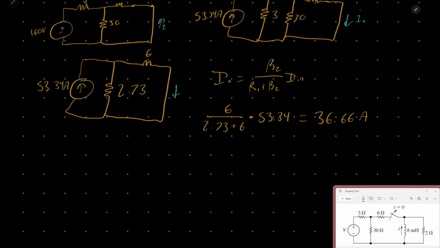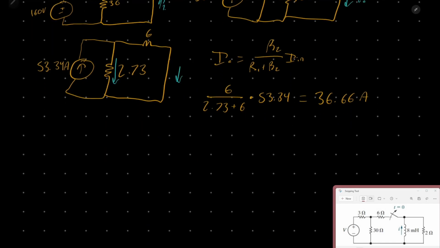So this gives us the current that is going through this resistor right here. In order to get the current that's going through right here, we need to do 53.34 minus 36.66, which will give us a current of 16.68.